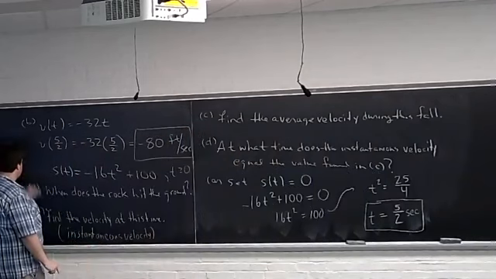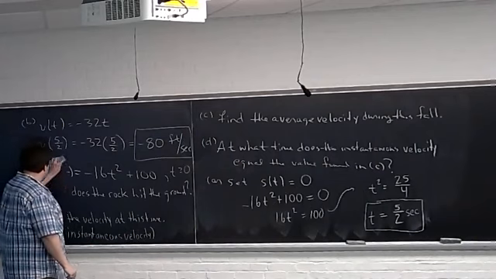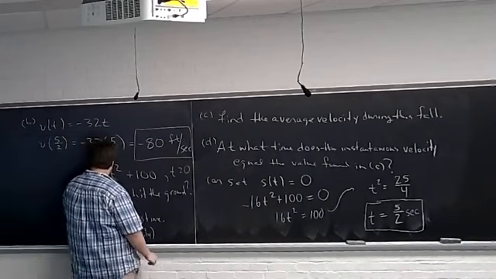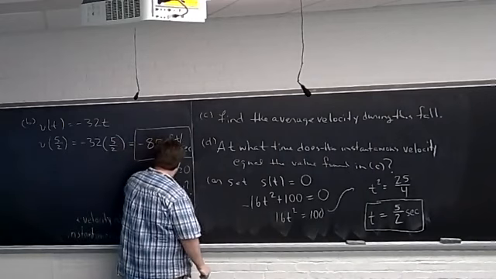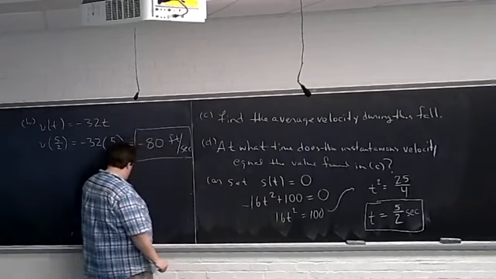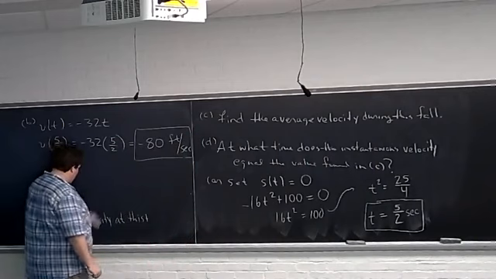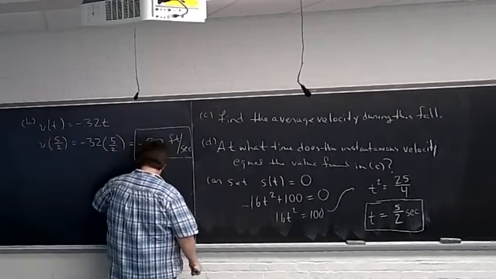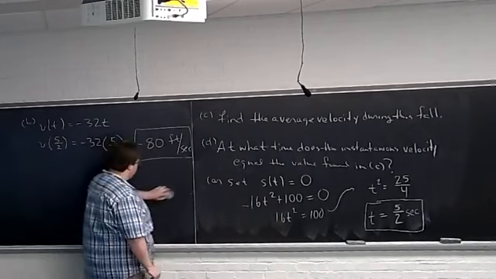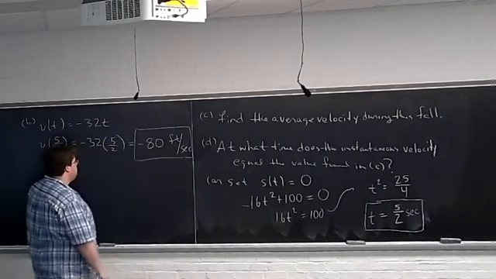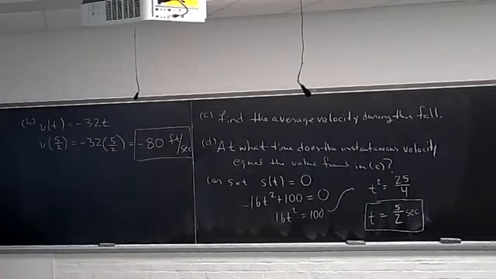So another way of saying that is the instantaneous velocity at 5 seconds is -8 feet per second. So at that instant, it's -8 feet per second. Find the average velocity during the fall.